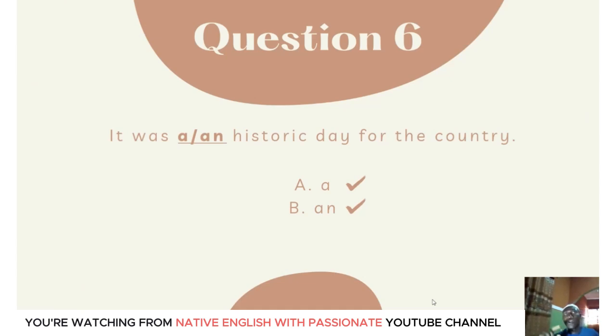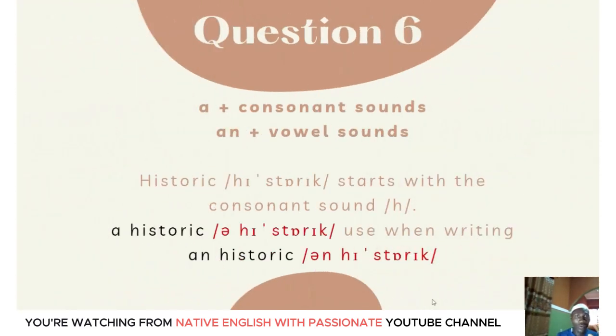But there are some accents that tend to drop the letter, the sound H. So when you have such an accent, you say it was a historic day for the country. I hope you are getting that. We all know the general rule that when a consonant sound begins a word, you use the determiner a.